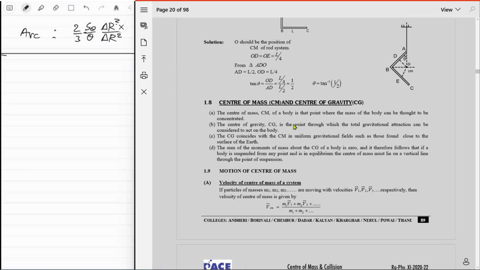So, for example, you have a very concentrated, very dense mass, something that's about to collapse into a black hole, and then you have some body like this. Then you can't just say that gravity is acting on the center of mass.